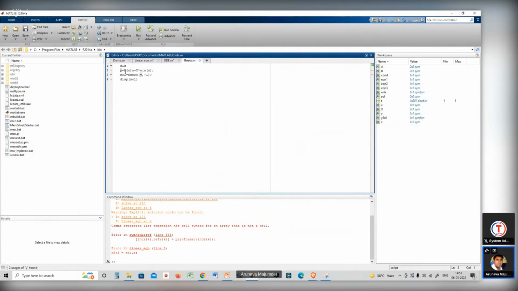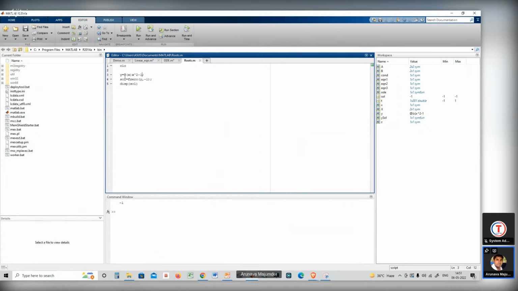So this is the function y is equal to, suppose very simple, x square minus 1. The solution of this function is obviously plus minus 1.